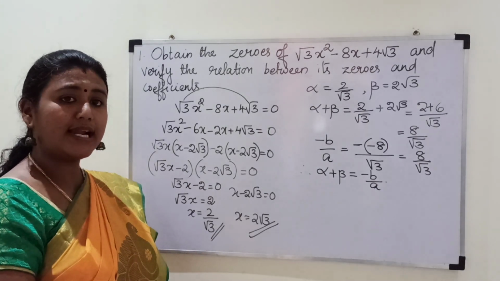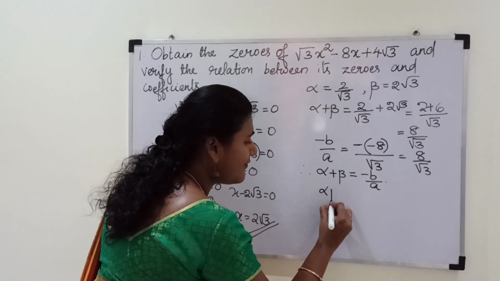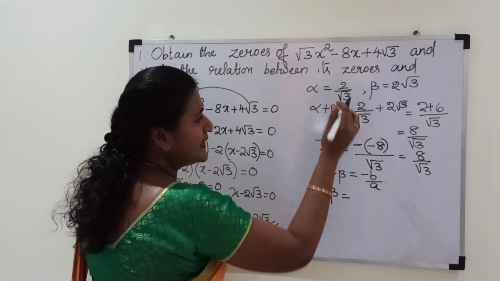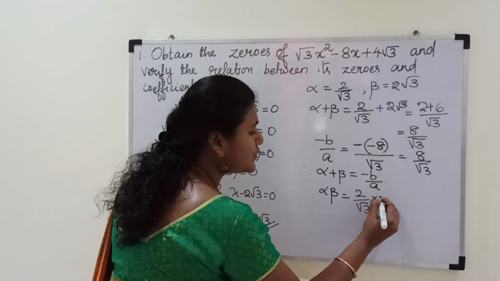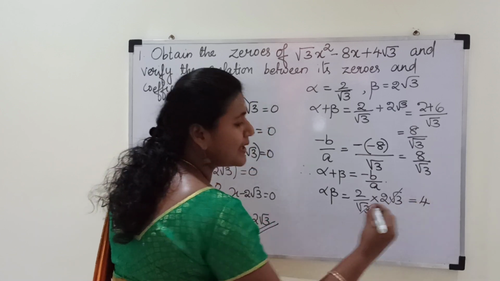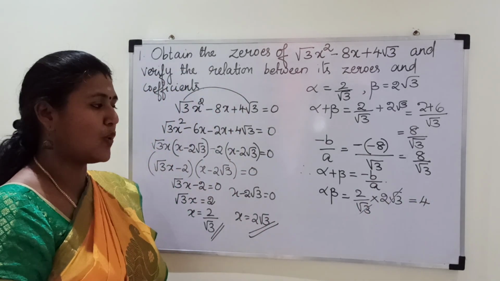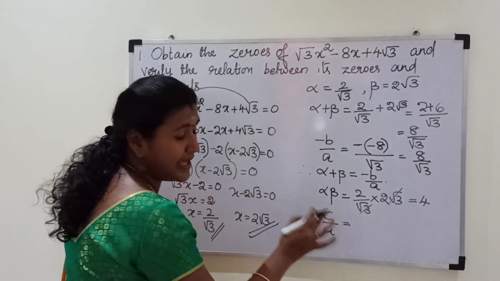Now the second relation, that is the product of zeros, alpha beta. Alpha here is 2 by root 3 into beta, which is 2 root 3. When you multiply these two, we are getting the product of zeros as 4. Now we will simplify the c by a value.